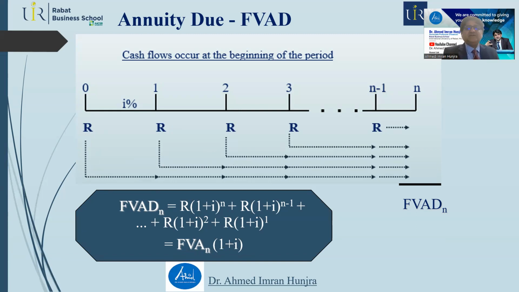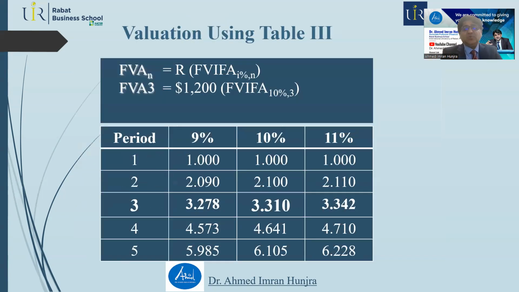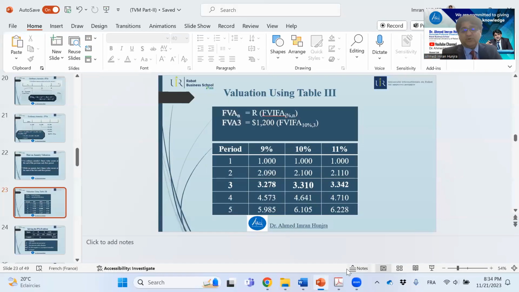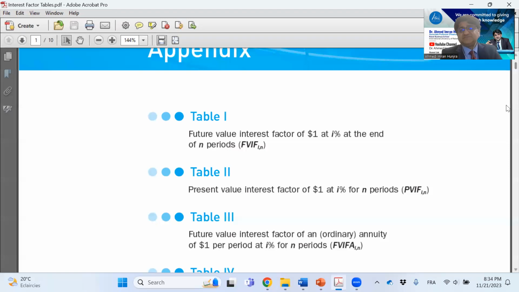As we did for the ordinary annuity. Before discussing this annuity due, I want to give you a brief overview of the interest factor table, and how we can find the values from it. You have the interest factor table. In this table, we have 4 types of tables. Table 1 is related to the future value interest factor, meaning single payment.